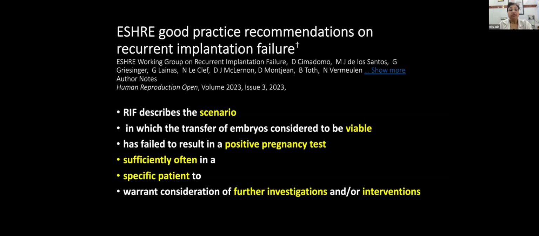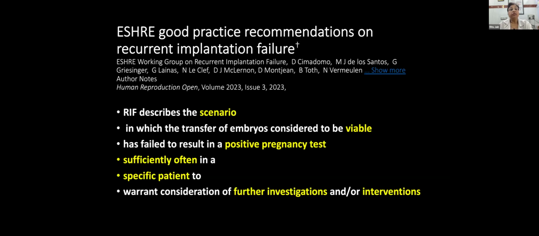What is meant by sufficiently often? It is vague. But specific patient means it is patient centric. It may be referring to the patient's age or the condition for which the IVF has been done. And further consideration and intervention is again a broad term.